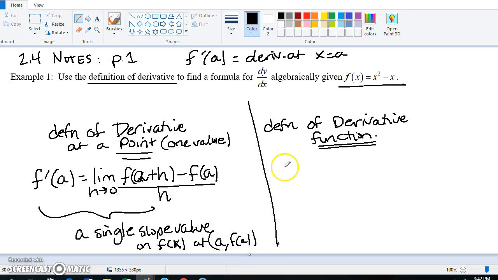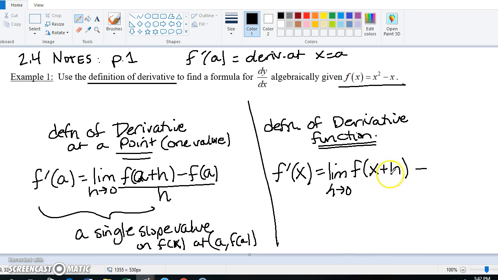Okay, we're going to use this in the next video that I'm going to post, not this one, the next one. We're going to look at f prime of x. Okay, well, how's it going to be different? We're not going to plug in a specific value for x like we did over here. We plugged in a. We're going to leave it in terms of x.